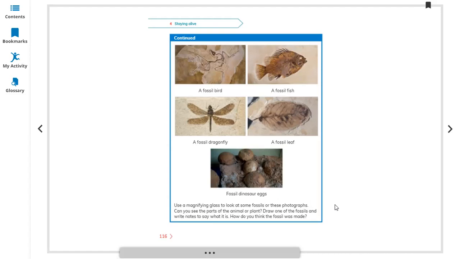Draw one of the fossils and write a note to say what it is and how you think the fossil was made. A fossil is a thing which is not available now, the remaining of an animal which lived many years ago, a lot of years ago in the past.